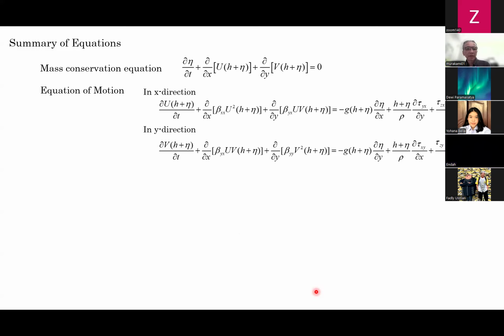So this is the summary of the governing equations. The upper one is the governing equation for mass conservation. The second and third are the governing equations from the equation of motion.